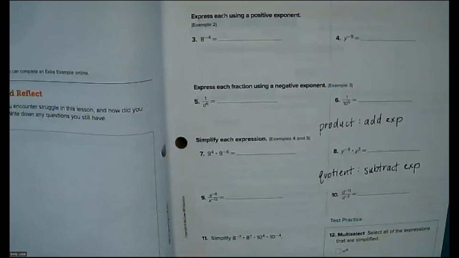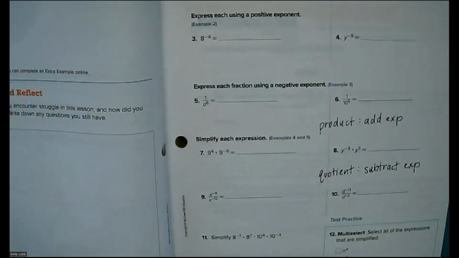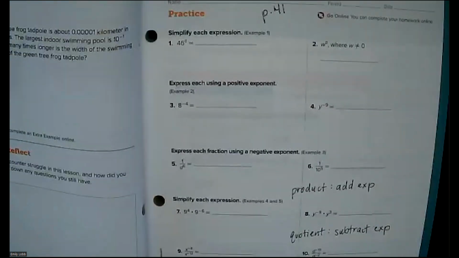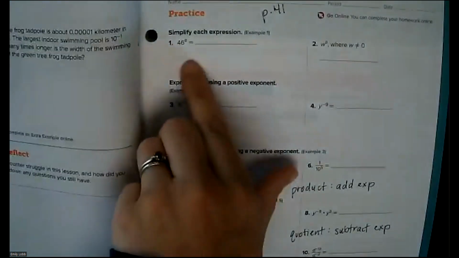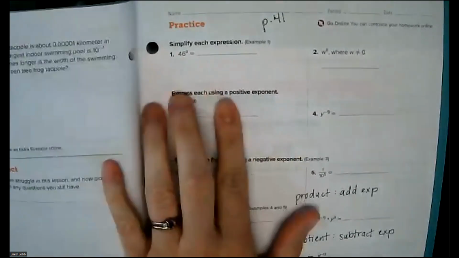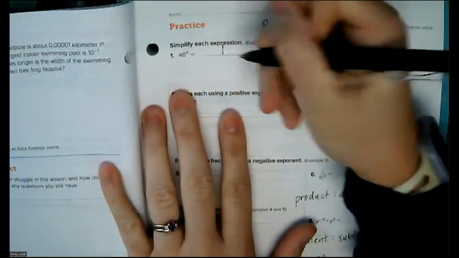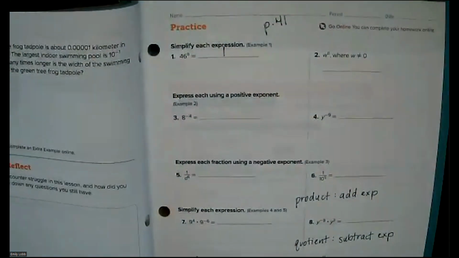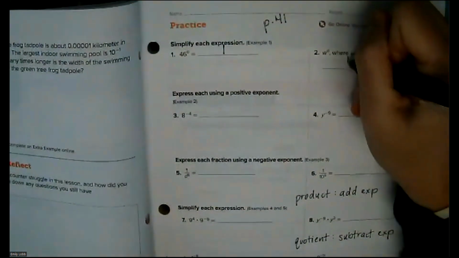So hopefully that helps you. All right, my dears, let's look. Anything raised to the power of 0 equals what? 1. So number 1 was 1 and number 2 was 1.